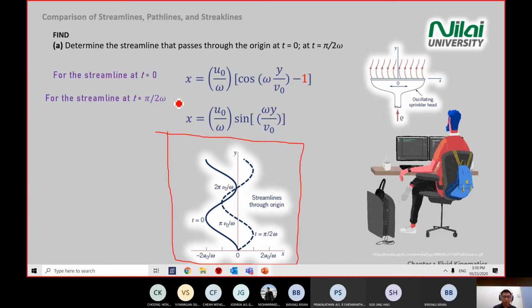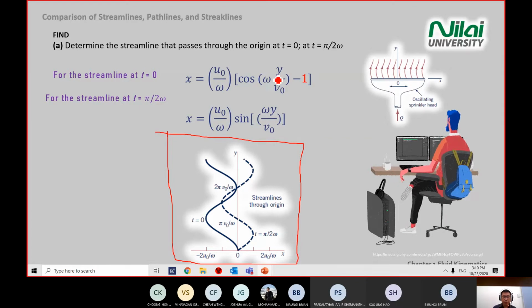On last Tuesday, I did show you the online graph plotter. You just key in the equation, x equal to, this one is the constant value, right? You just key in some constant value there, maybe 1 or 2. Usually if it's a constant value, I will put 1. So 1 cos of w y divided by v0.